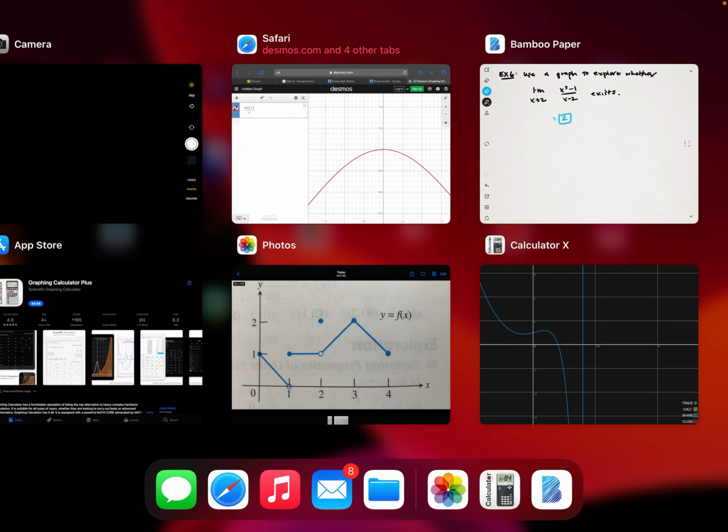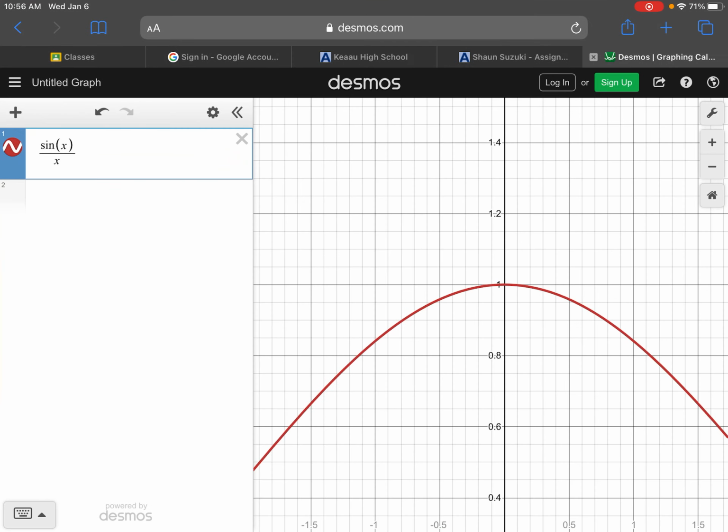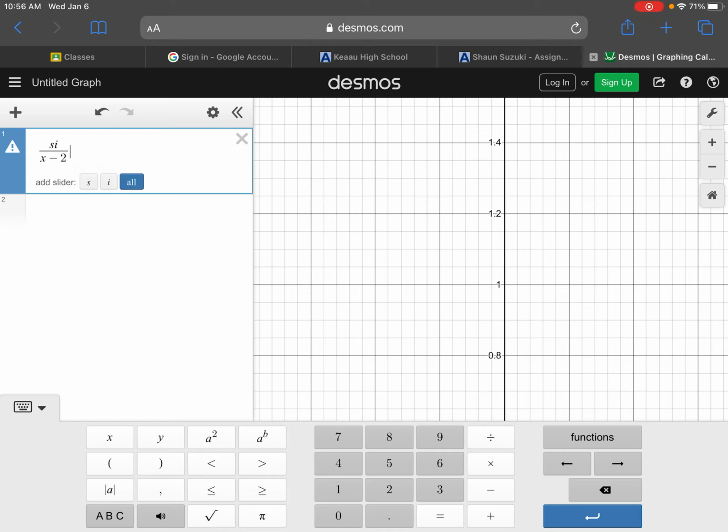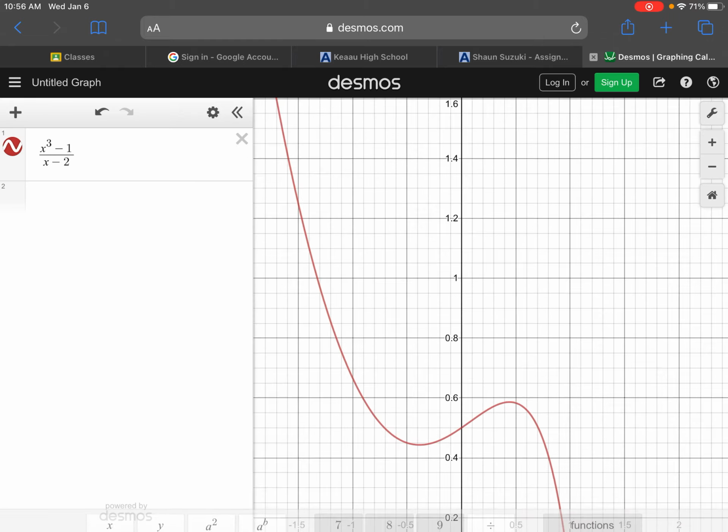Now, if we were to do that in Desmos, it's a lot nicer. But again, you're going to have to use your calculator on your test. So we're going to try to get comfortable with our calculator. But just to show what it looks like, x cubed minus 1.